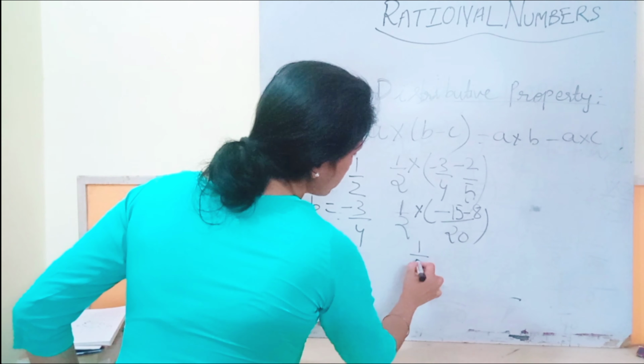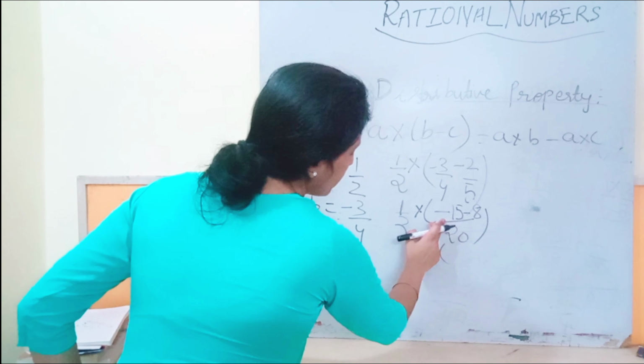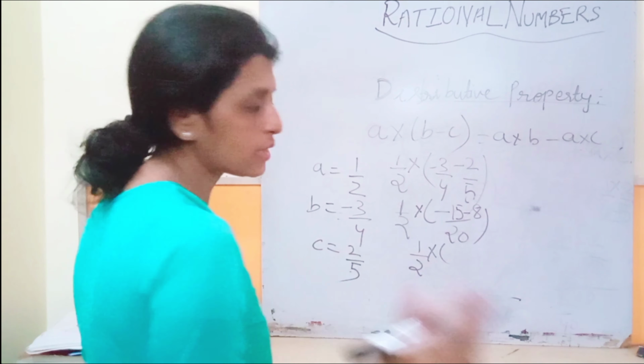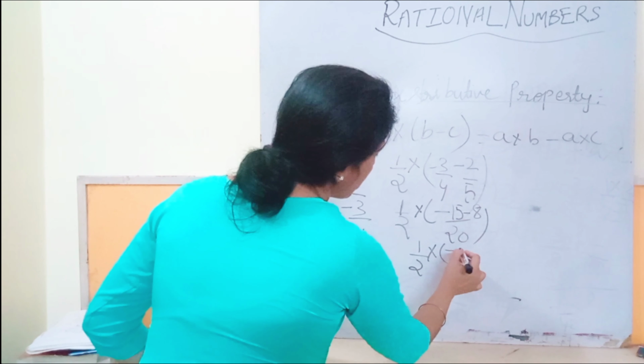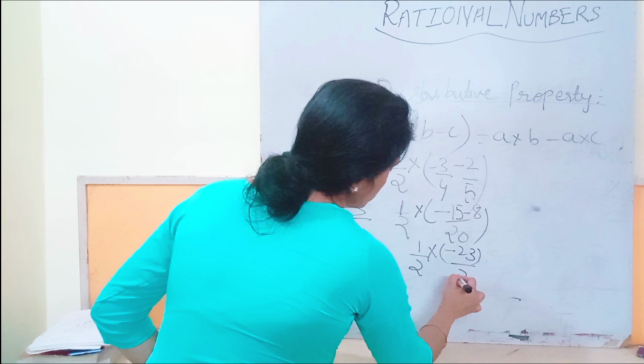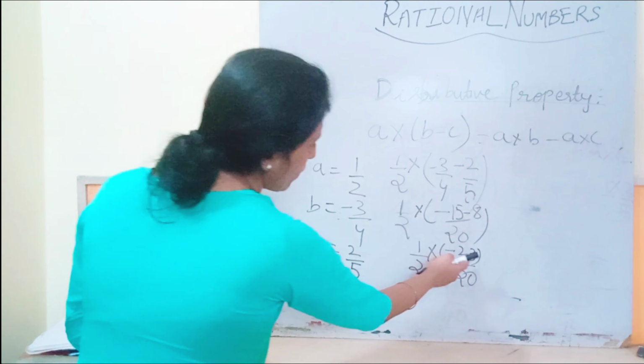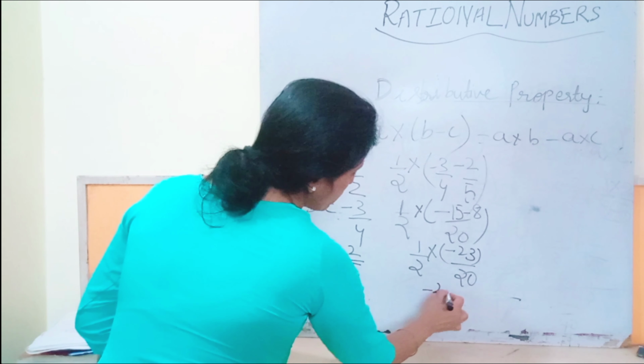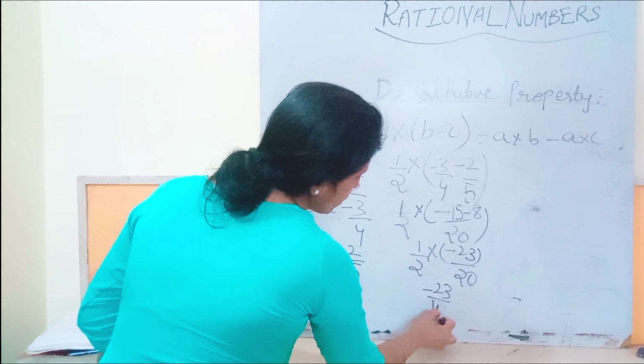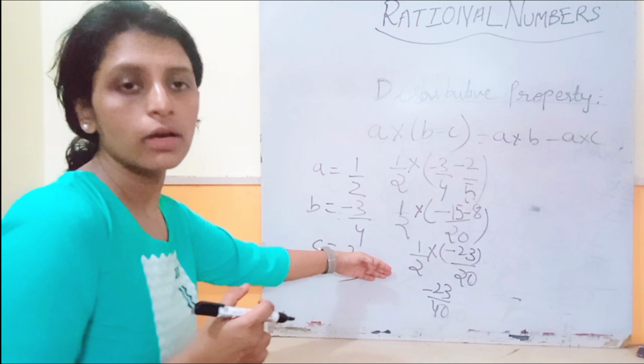Then 1/2 into, the sign will be negative, so it will be -23/20. Okay, now -23 into 1 is -23, and 2 2's are 40. So this is your left hand side.